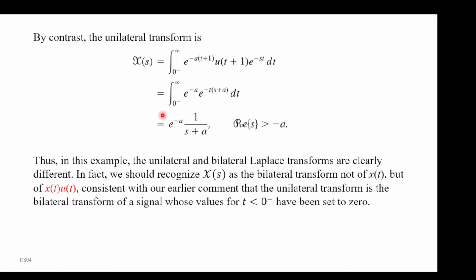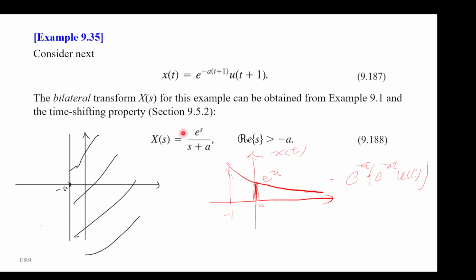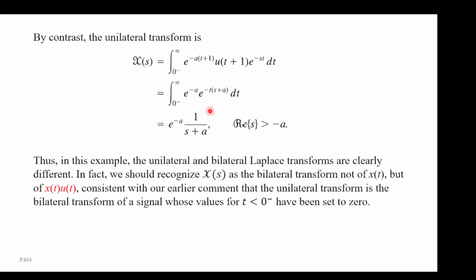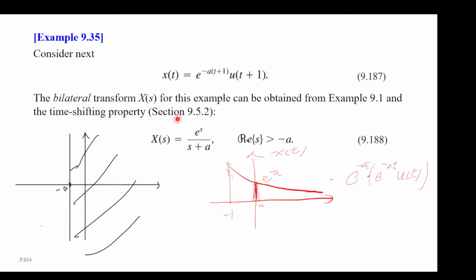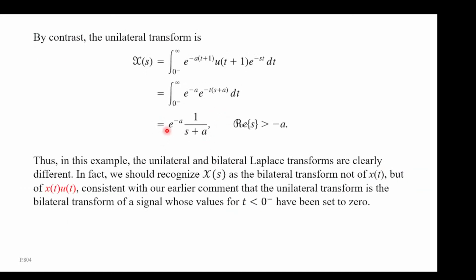But you see you have e to the minus a here, but you had e to the s before, and they are different functions of s. So the bilateral Laplace transform and the unilateral Laplace transform are different.